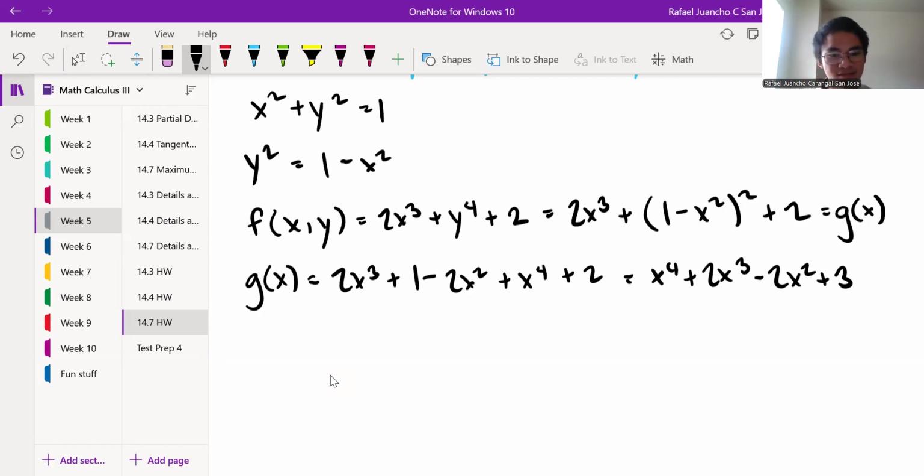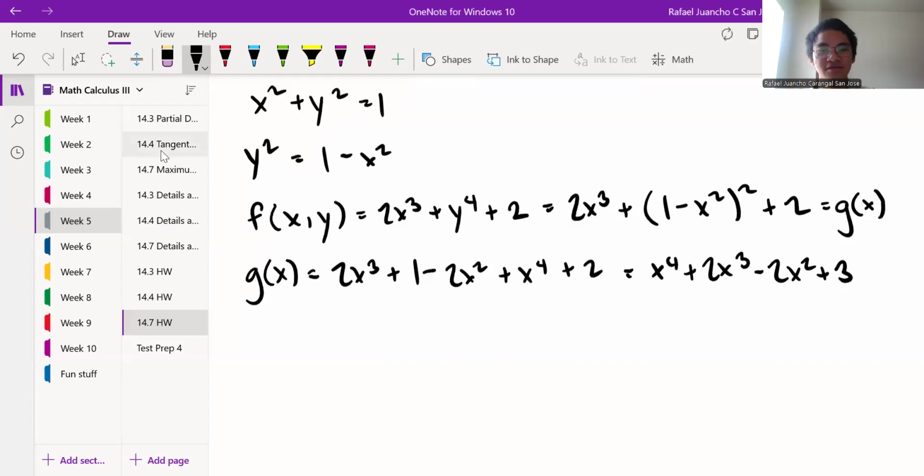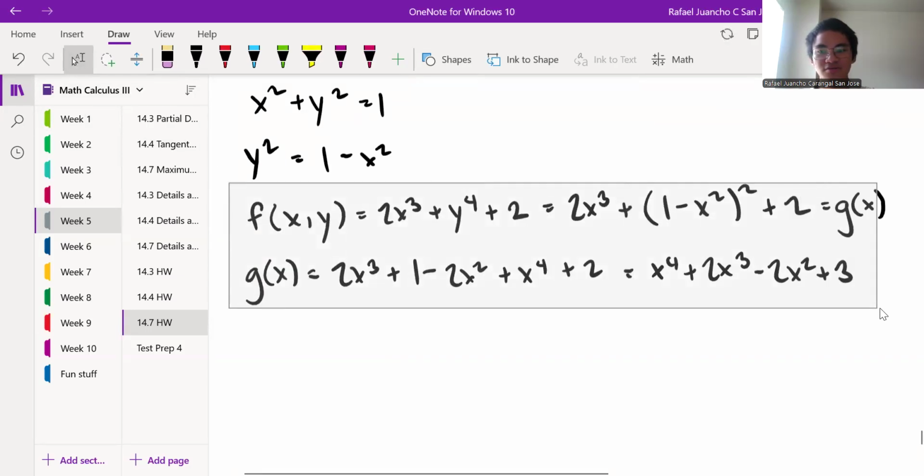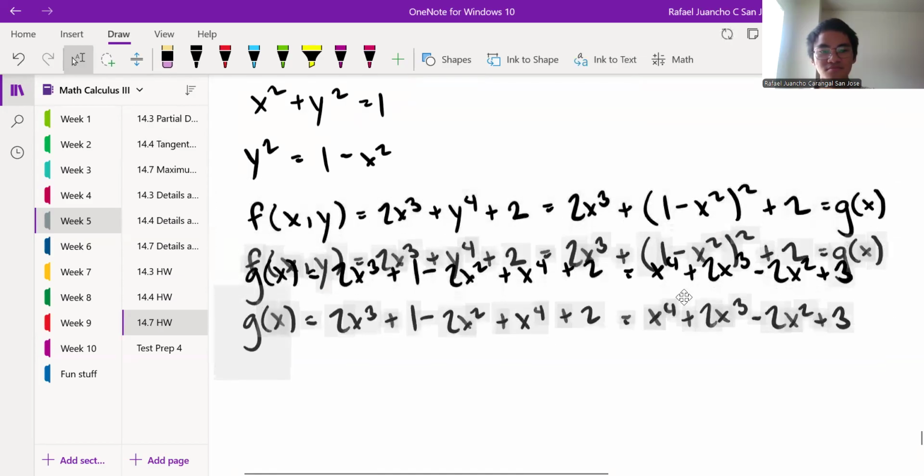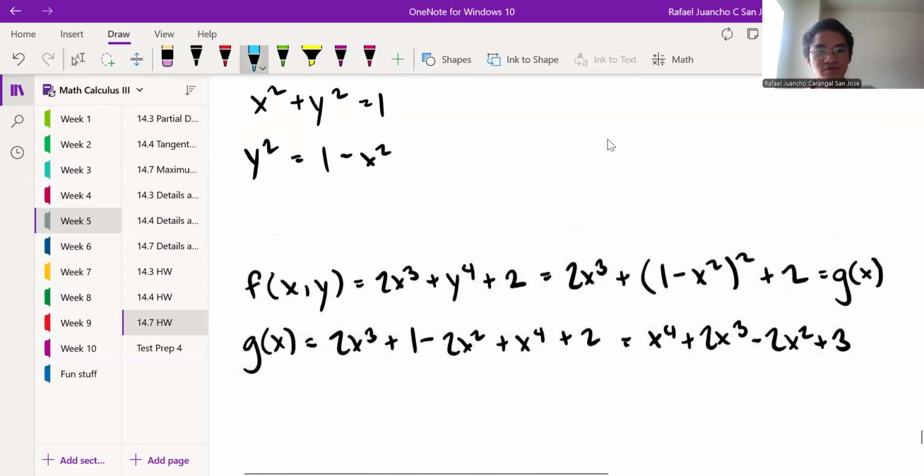And then what? Now I can find the critical points of this thing, right? Okay, let me put some steps actually. So we analyze the boundary. What did we do here? So here when I'm encountering something new, I would just do this.